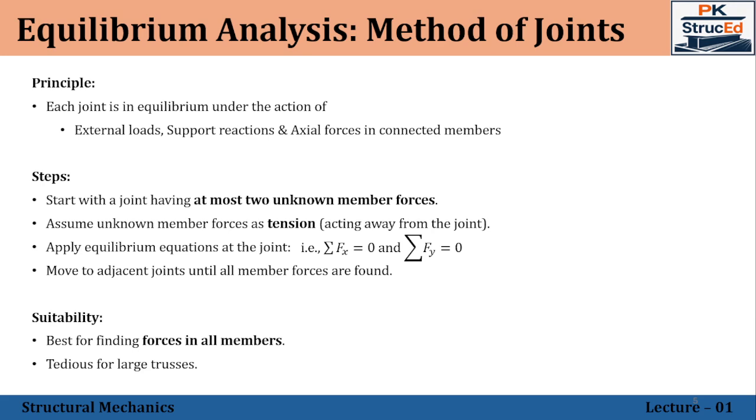Now in analysis of these trusses, we have two different methodologies available. One is the method of joints and the other one is the method of sections, in addition to the graphical method. The principle is very simple. Each joint of a truss is in equilibrium. At every joint, external loads, support reactions, as well as the axial forces in the connected members must satisfy the equilibrium condition.